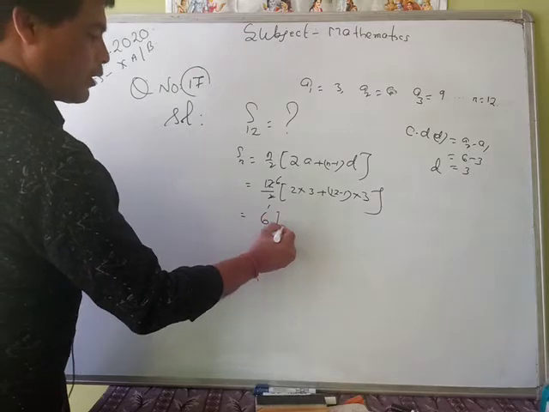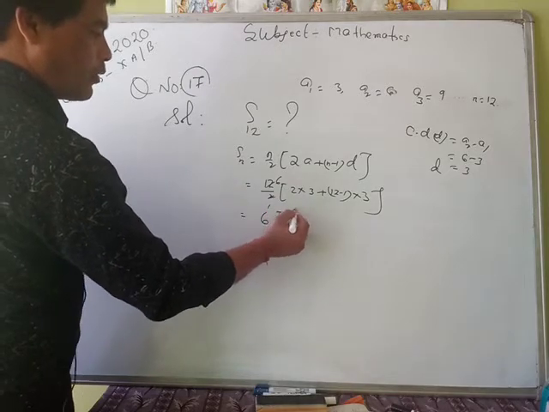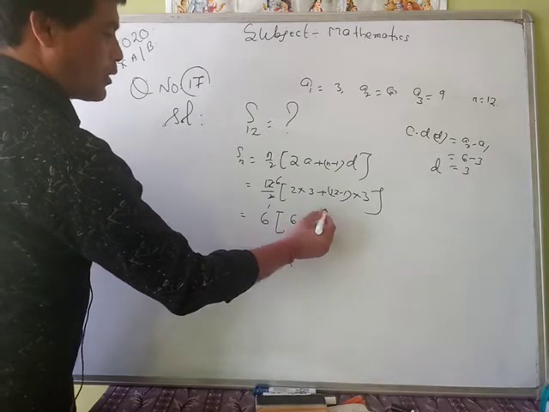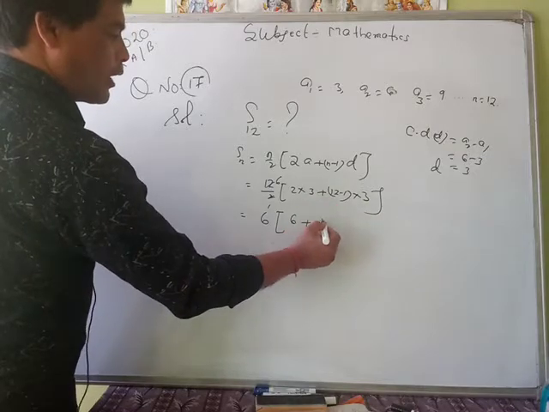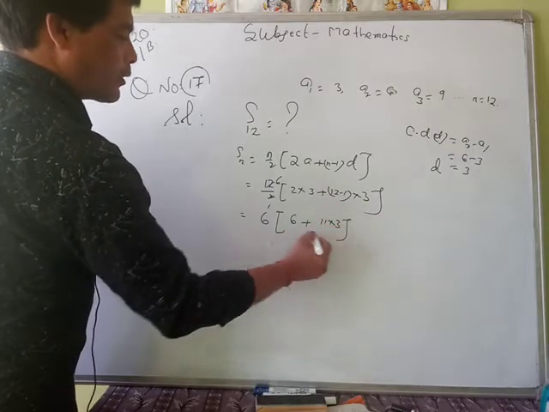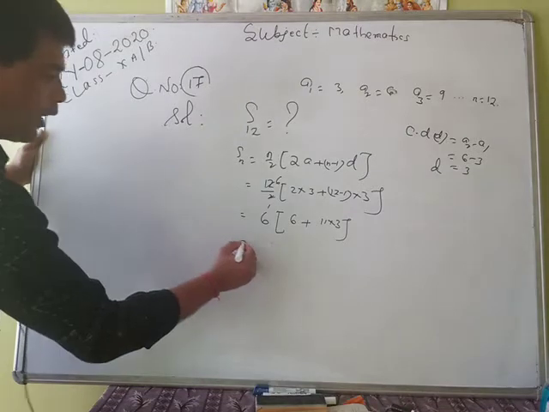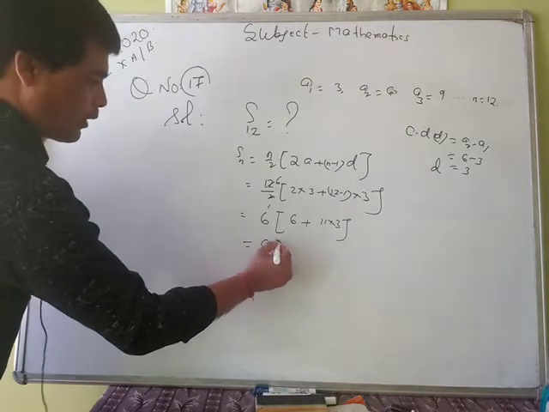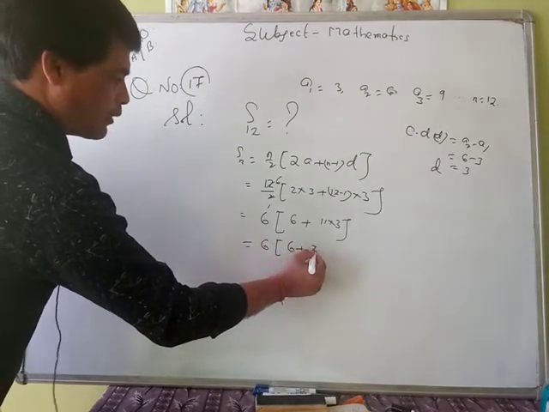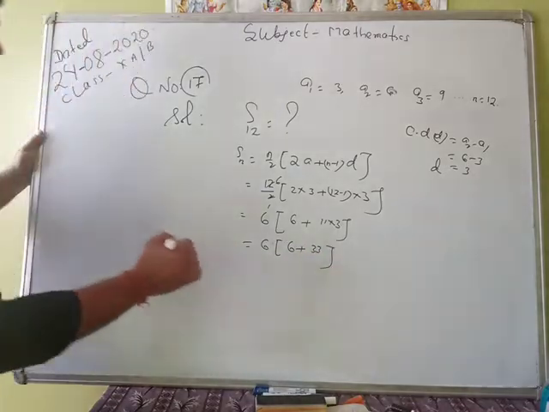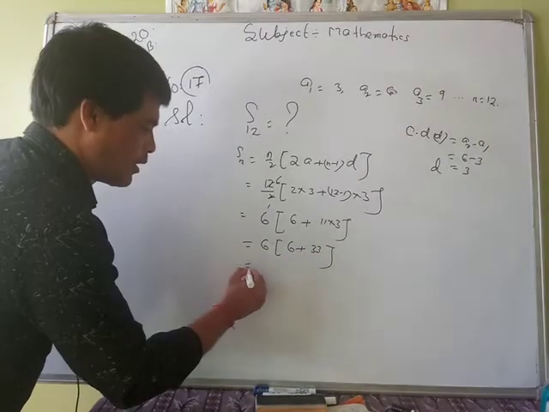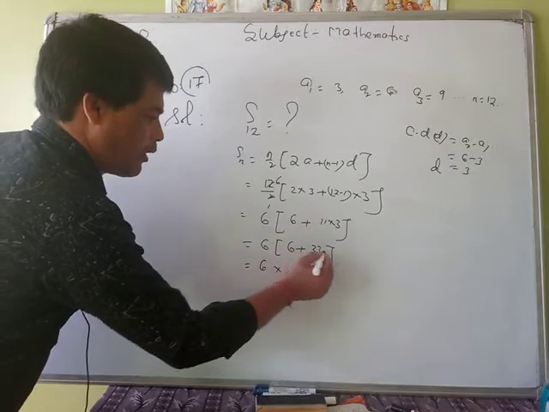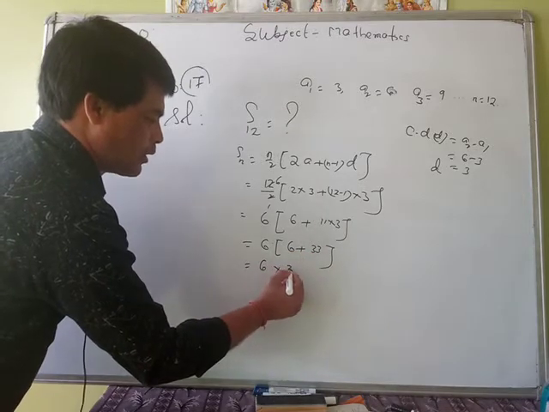Then after that in the bracket we have to multiply 2 3s are 6 plus 11, and 12 minus 1 is 11. 11 into how much? 3. Then after that 6 plus 11 3s is 33. Then 6 into, now you have to add 33 plus 6 is 39.